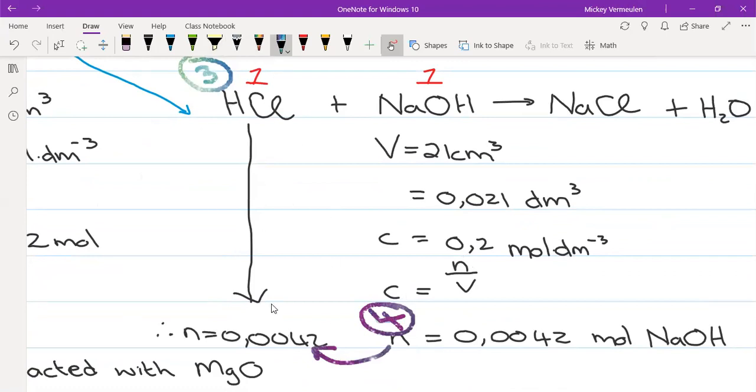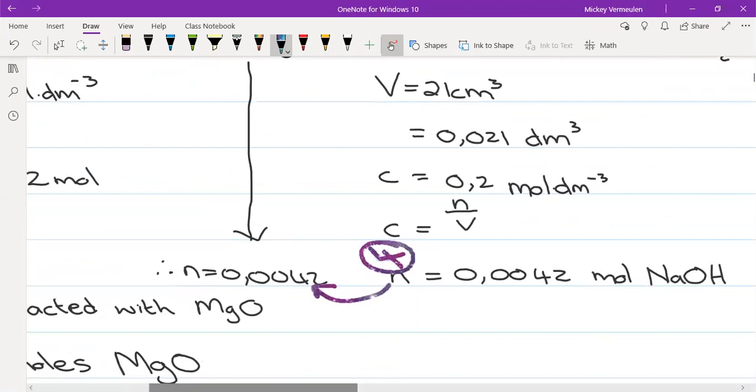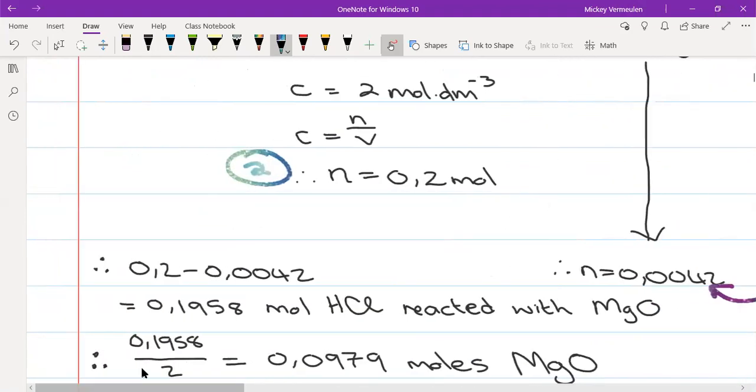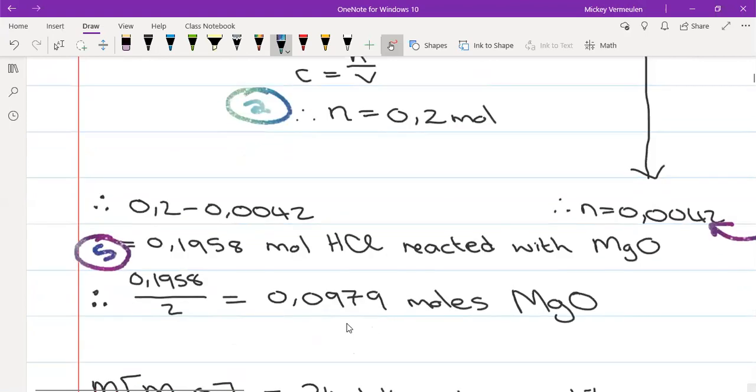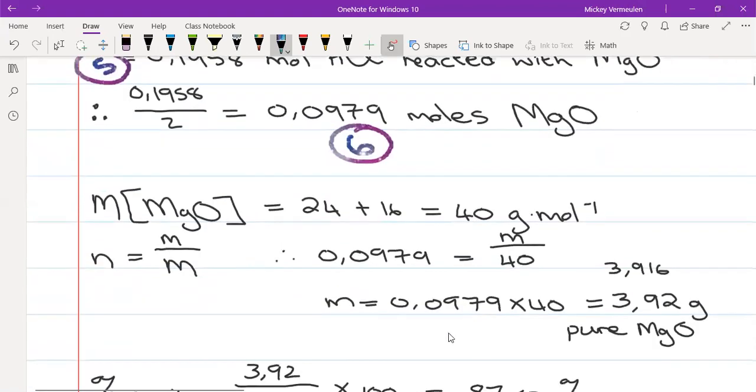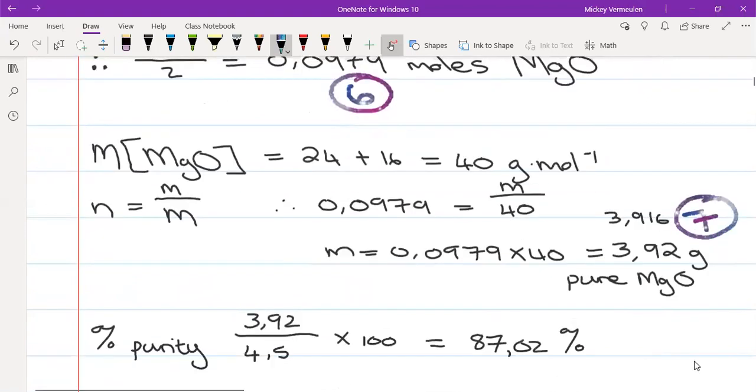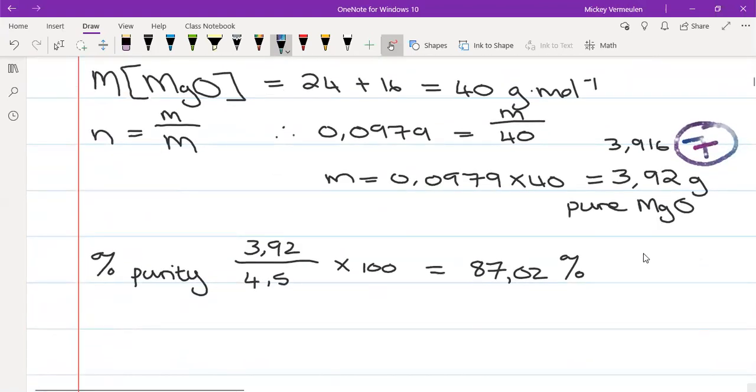Now that I have the number of moles in excess, I can calculate the number of moles that reacted, which tells me how many moles of magnesium oxide I had, which I then take to mass of magnesium oxide, which I then take to the percentage purity.